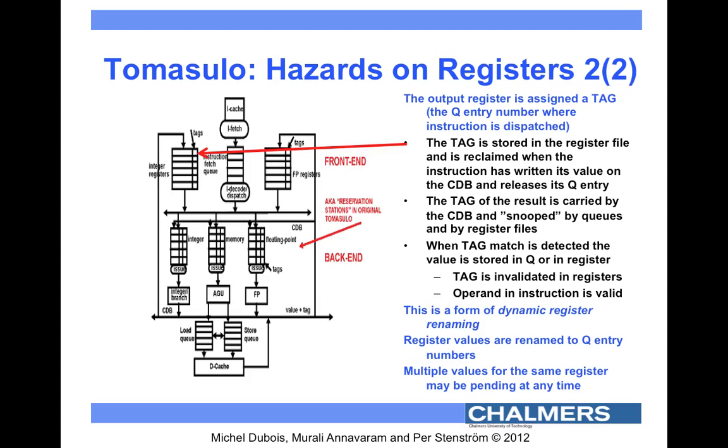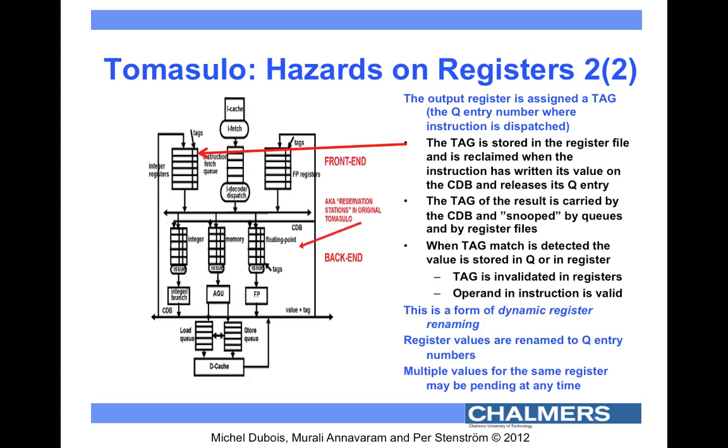When an instruction is ready to be executed, it has all its input operands, then its output register will be assigned a tag in the register file, and the tag is actually linking it to the execution unit, or the instruction issue queue, where the instruction that is producing that output register is executing.